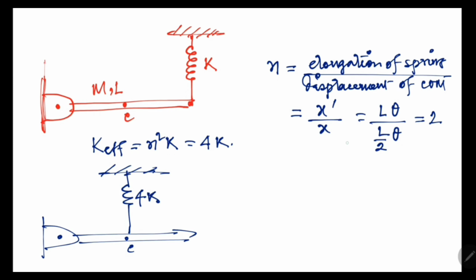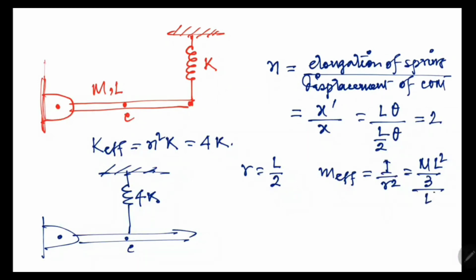Therefore, in this case, r equals L by 2. Therefore, effective mass equals I by r square. That means (m L square by 3) divided by (L square by 4), that is 4m by 3.